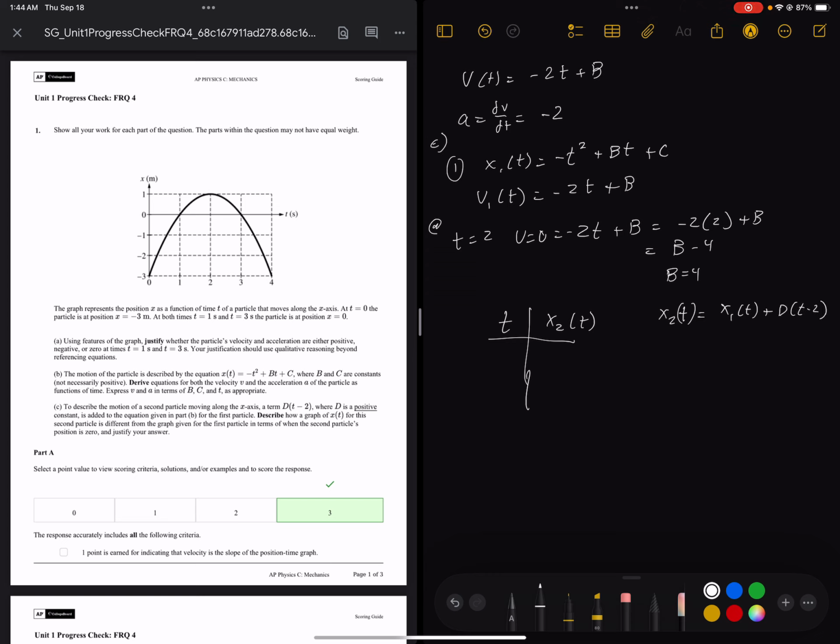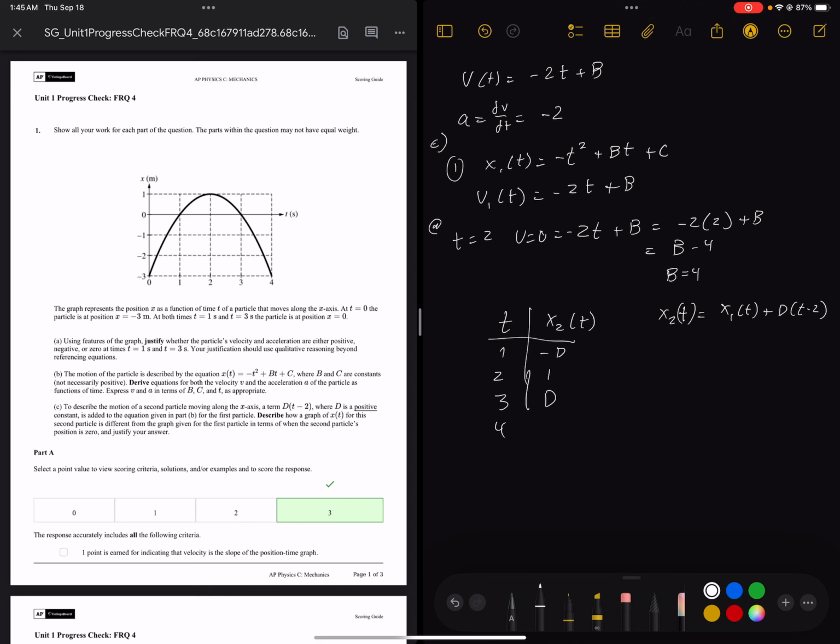So I'm just adding a little bit there. At t equals 1, I evaluate the function and end up with position negative d. At t equals 2, I end up at position 1. I'm sorry, at t equals 3, I end up at position positive d.